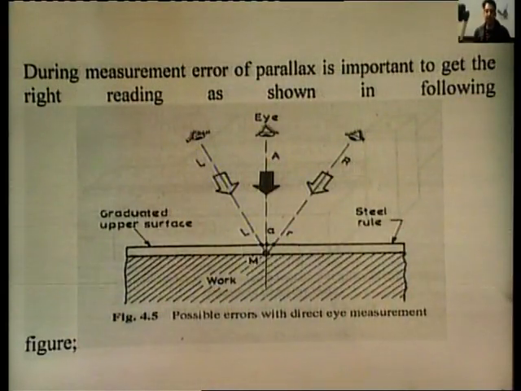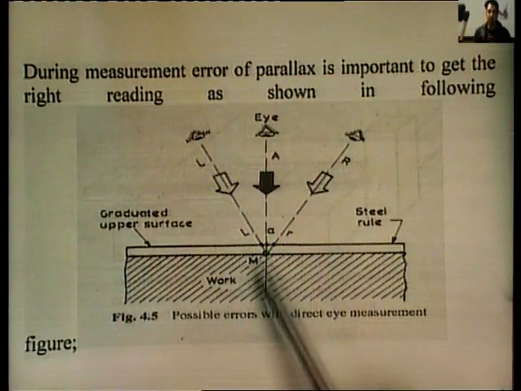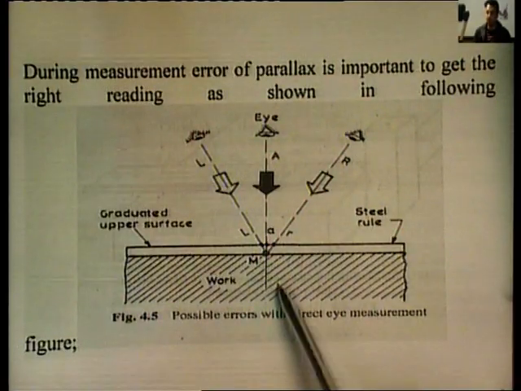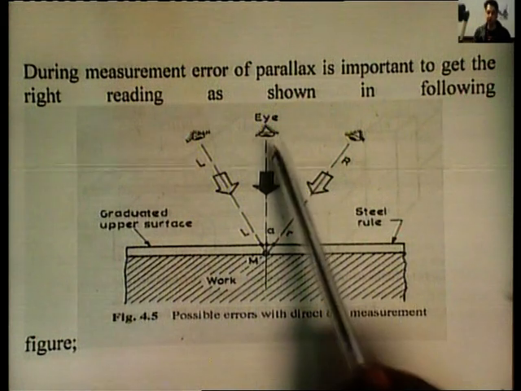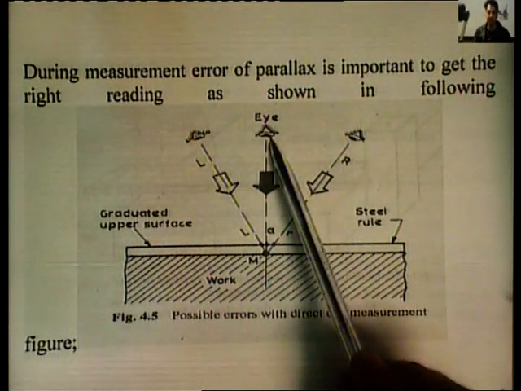So, while making a measurement, the instrument is required to be very accurate and precise, but we also need to take care of the procedure that we are following in making the measurements. For example, parallax error is very common while making readings. Over here in the figure, you can see the workpiece is placed and a ruler is placed over it on the top face, and the correct position from where we should take the reading is this one.